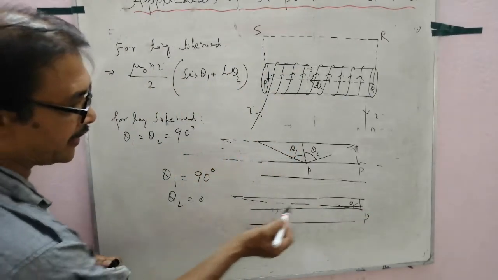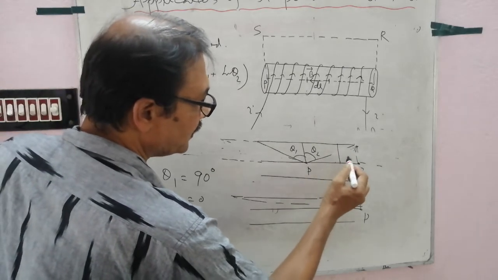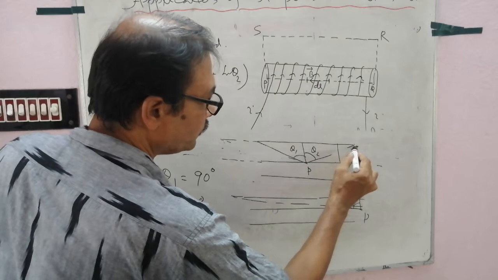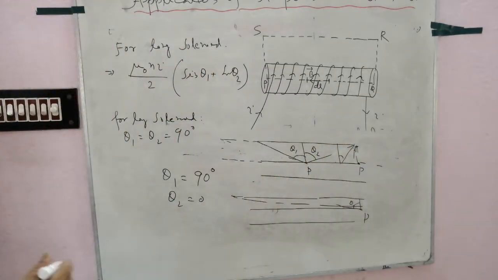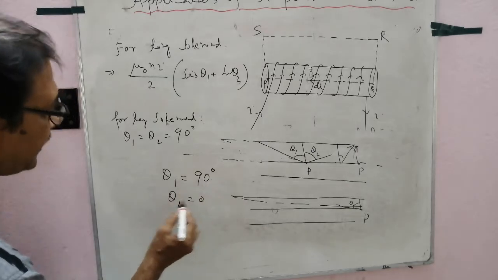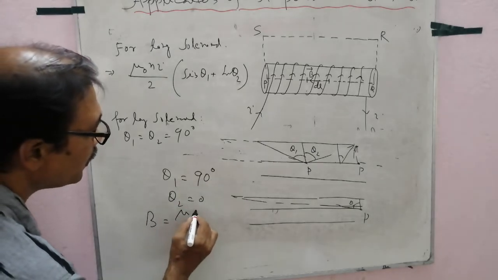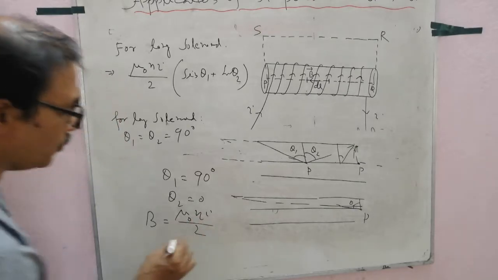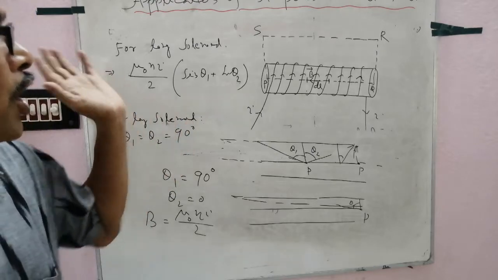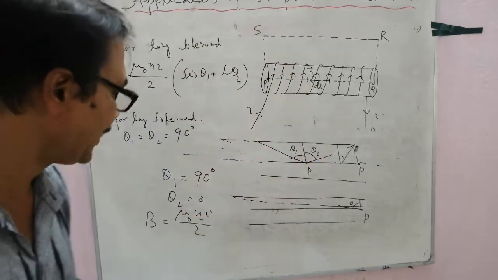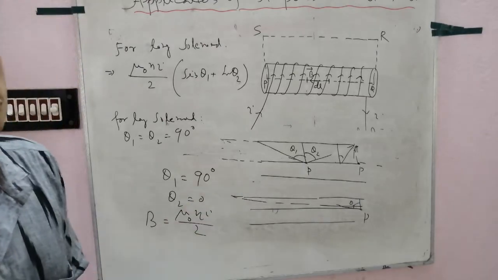Theta 1 gradually increases, but as the point moves gradually to the end, theta 2 decreases and here theta 2 is 0. So at one end theta 1 is equal to 90 degrees, theta 2 is 0. So B equals mu 0 Ni by 2. So the ratio of the magnetic field for an infinitely long solenoid at the midpoint of the axis and at one end is 2:1.